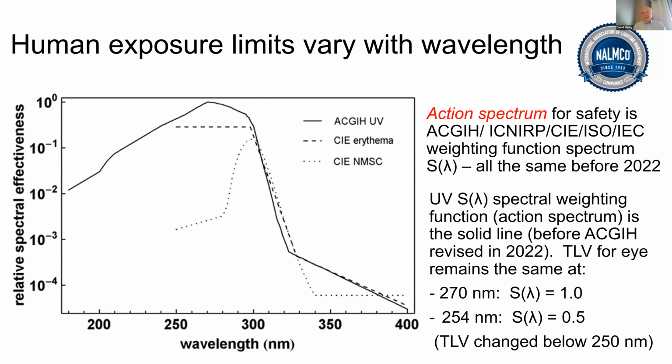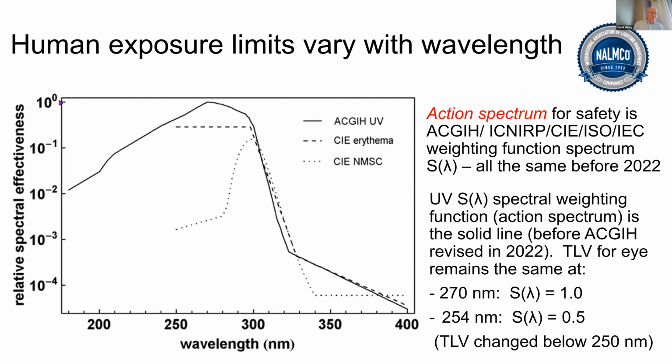So here's an example of the action spectrum. Human exposure limits are going to vary with wavelength according to the action spectrum. Now, I've actually plotted 3 different wavelengths on here, and I want to explain that the vertical scale is referred to as logarithmic. In other words, each one of the little intervals here on the left-hand ordinate is a factor of 10.